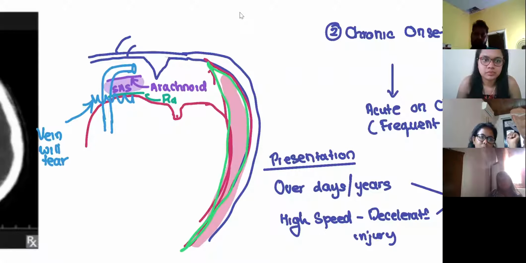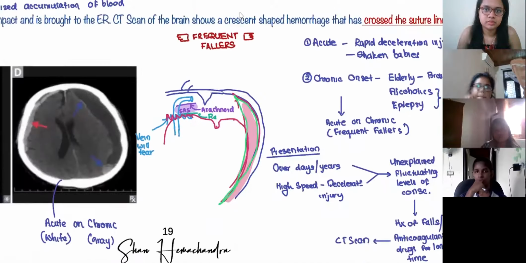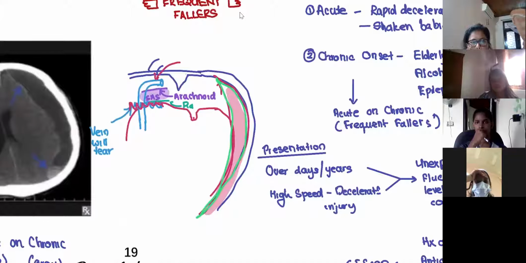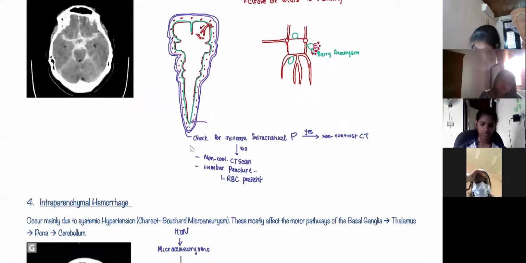So what happens if there's a sudden fall and the brain moves forward, and because this structure is held firmly by the dural region, it will tear here. It's going to tear and then cause bleeding. And these veins are called bridging veins. You can add that word, bridging veins.